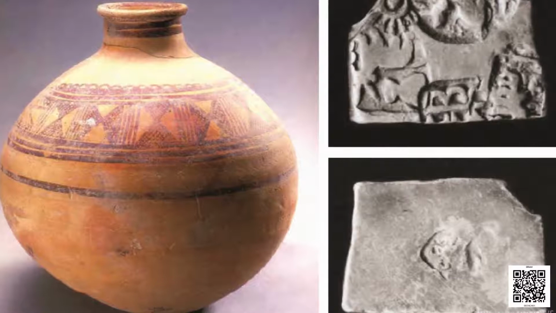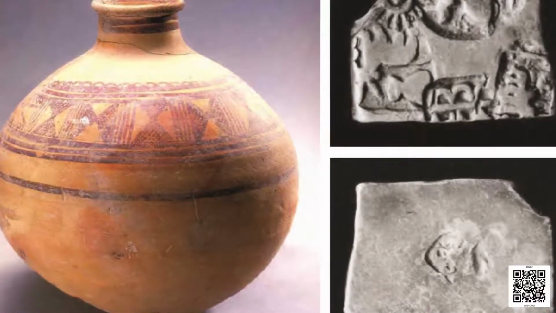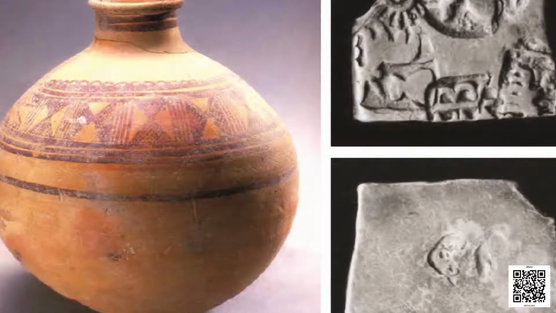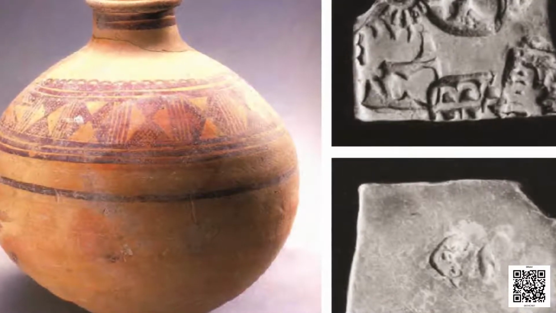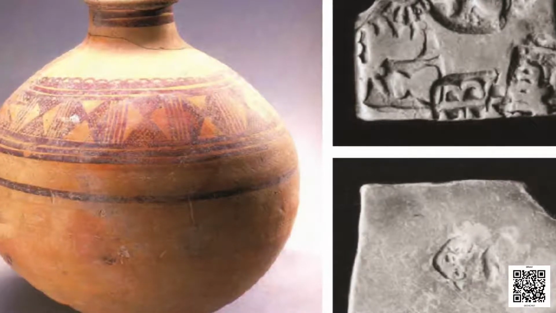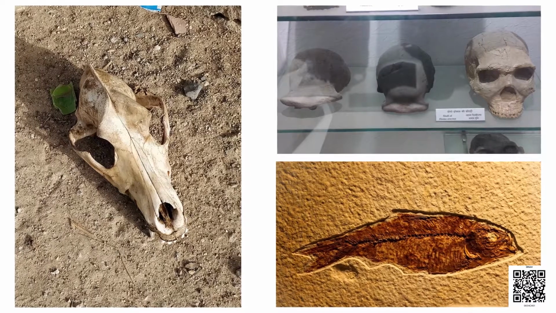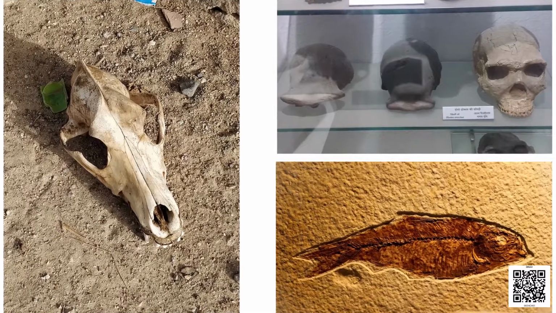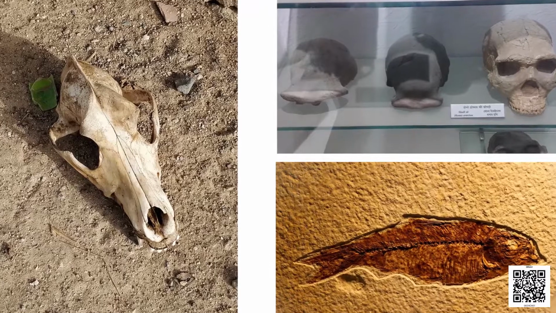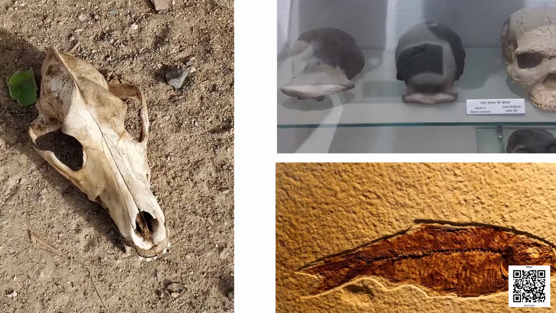Some of these objects may be made of stone, others of bone, baked clay or metal. Objects that are made of hard, imperishable substances usually survive for a long time. Archaeologists also look for bones of animals, birds and fish to find out what people ate in the past.